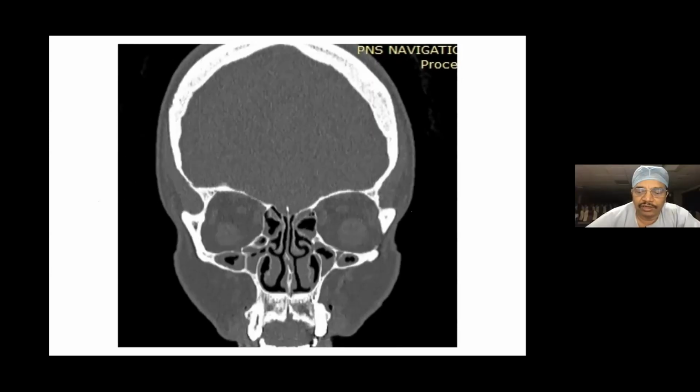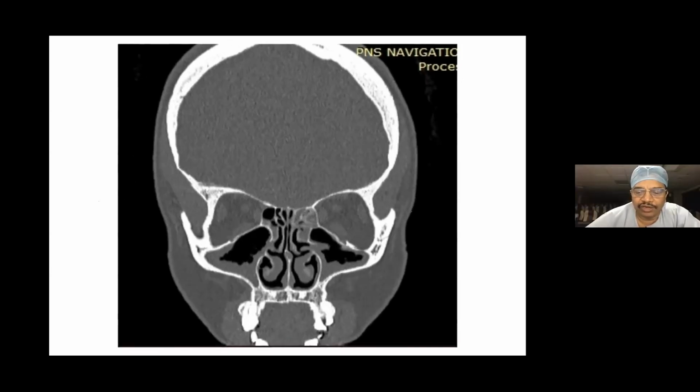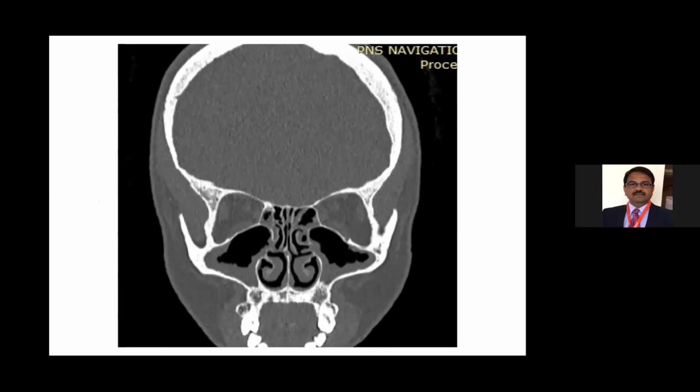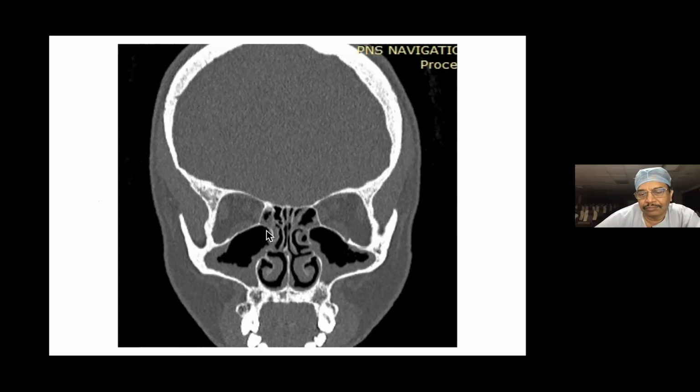Then we'll look into the maxillary sinus. One thing I have noted here is the medial wall of the maxillary sinus, above the inferior turbinate and below the inferior turbinate, they are not in one line. The maxillary sinus is occupying a good amount of space of the nose.